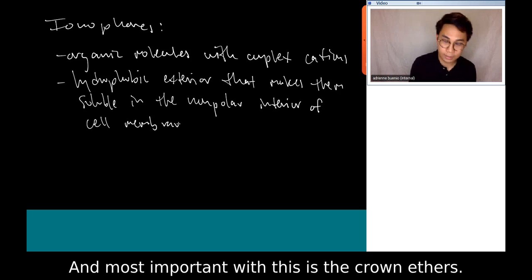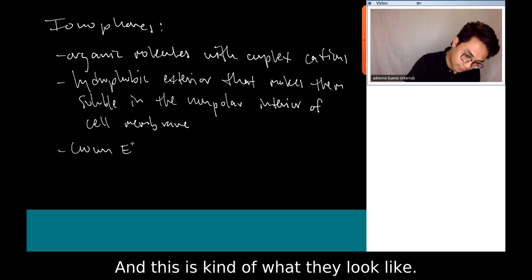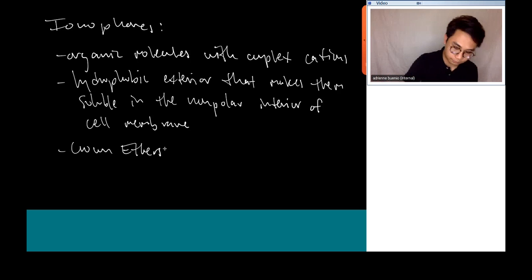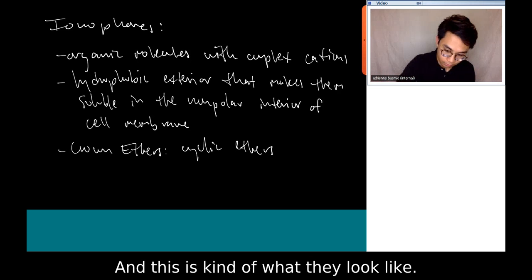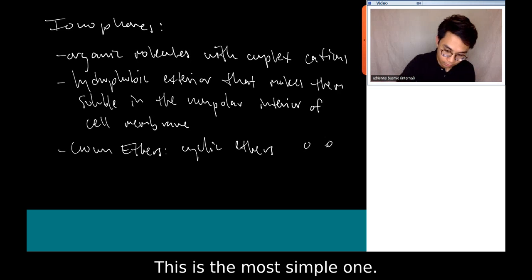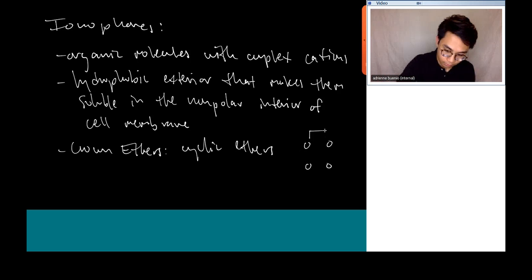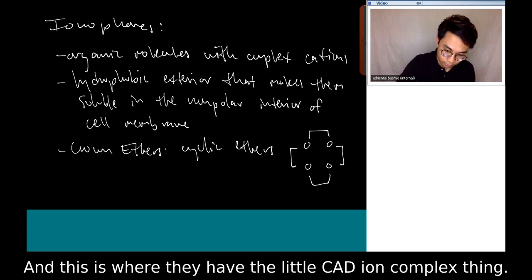And most important with this is the crown ethers. This is kind of what they look like, and they're just cyclic ethers, right? Makes sense. This is the most simple one, right? They're all bonded, and this is where they have the little cation complex thing.